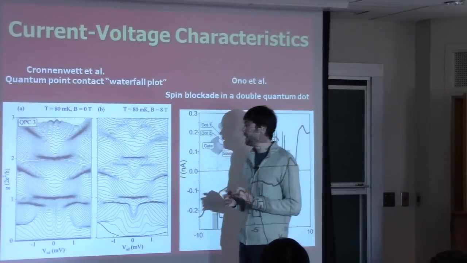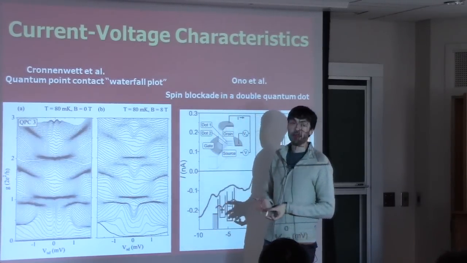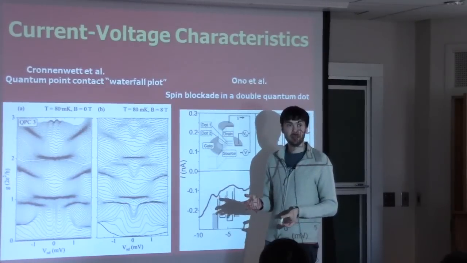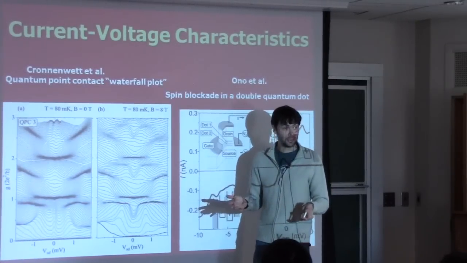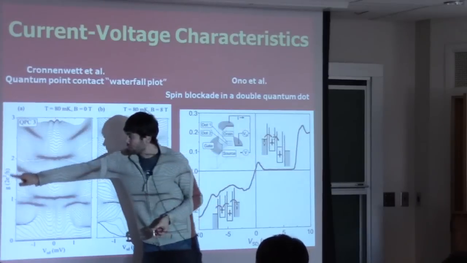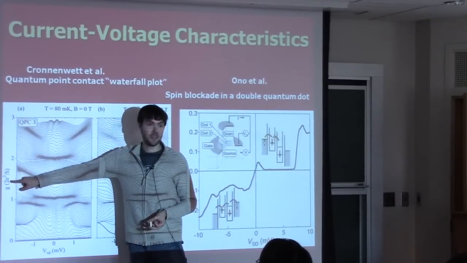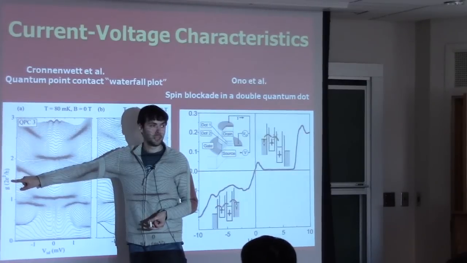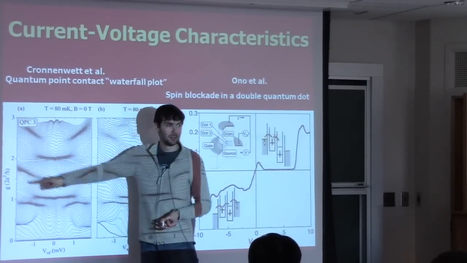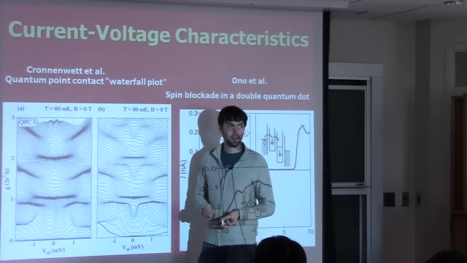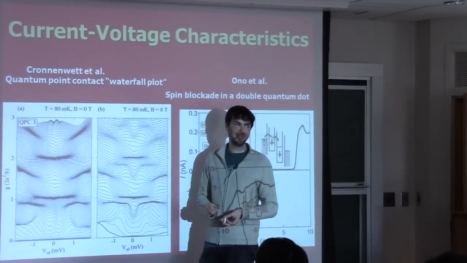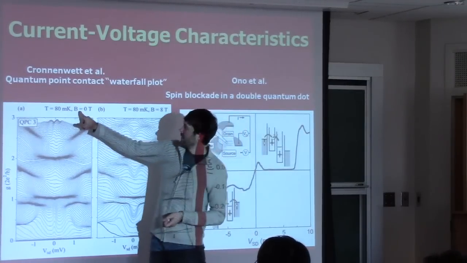And then conductance in these structures is quantized in units of the quantum of conductance, e squared over h. Who can guess what this factor 2 comes from in the quantum of conductance? No? Spin, that's right. You can even see it here.